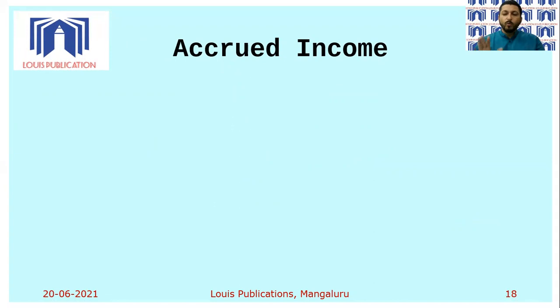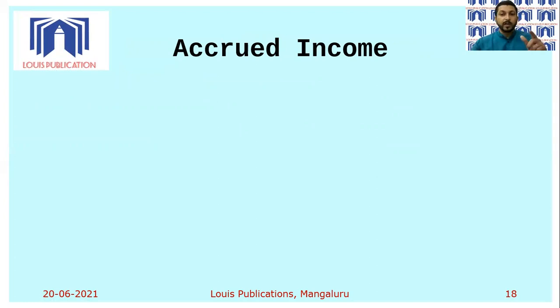The concept of the word accrued is associated only with income, not with expenses. You will find the term accrued expense used, but there is nothing called accrued expenses in accounting, though a few books may specify that. The concept accrued is associated with income only. Let's be very, very clear with this.